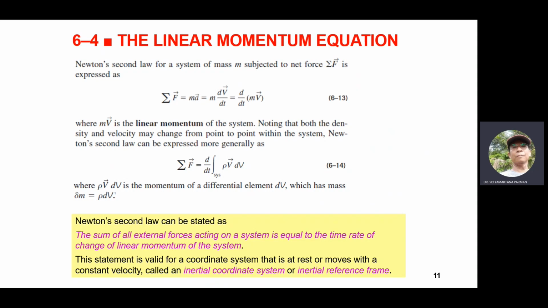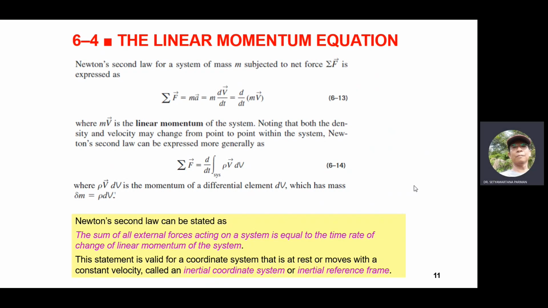The fourth part of this chapter is the linear momentum equation. Newton's second law for a system of mass m subjected to the net force sigma F is expressed as sigma F equal to m a equal to m dV over dt equal to d(mV) over dt. mV here is the linear momentum of the system, the multiplication between the mass and the velocity vector.